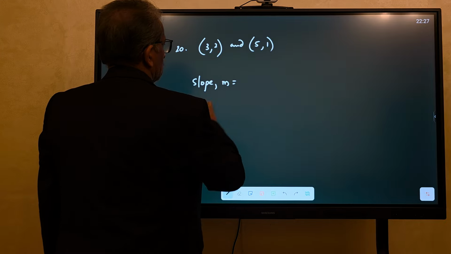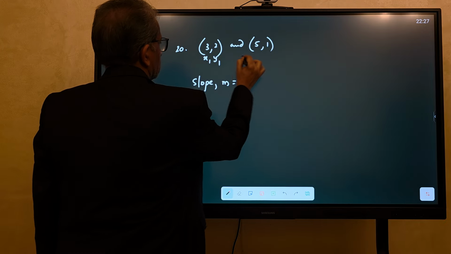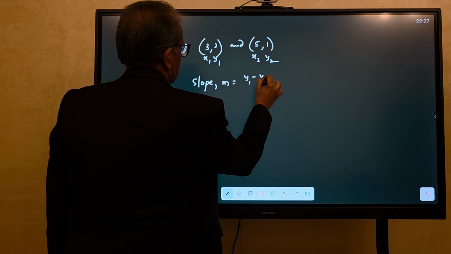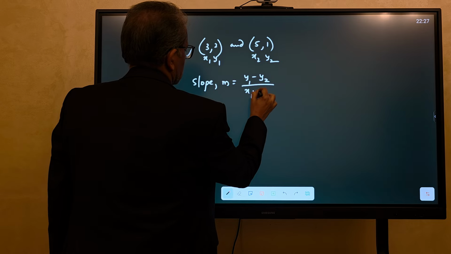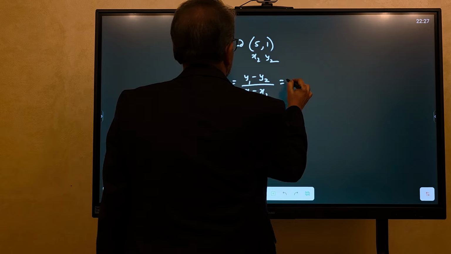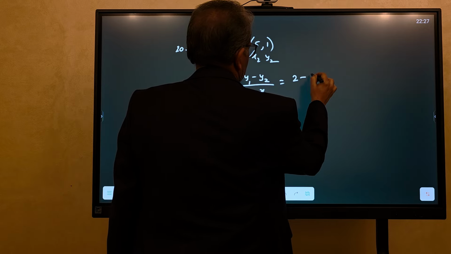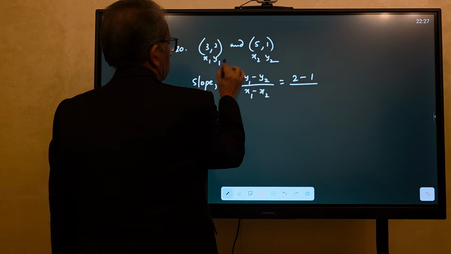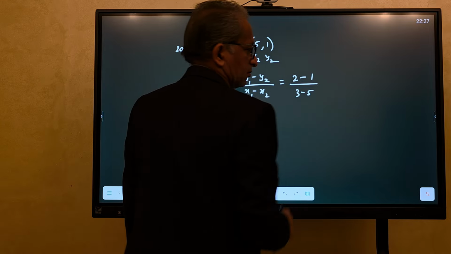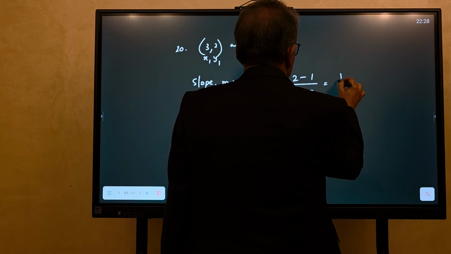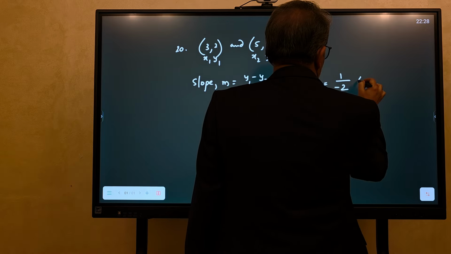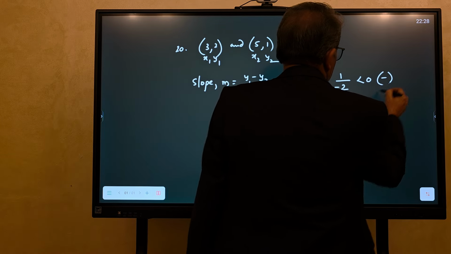That means m equals, with the first point x1, y1 and second point x2, y2, the formula y1 minus y2 divided by x1 minus x2. Substitute the values. y1 is 2, minus 1, divided by x1 minus x2, which is 3 minus 5. 2 minus 1 is 1. 3 minus 5 is minus 2. So this is less than 0, that means negative.